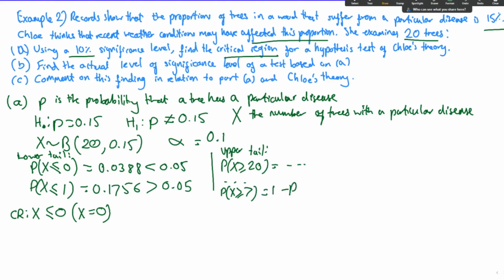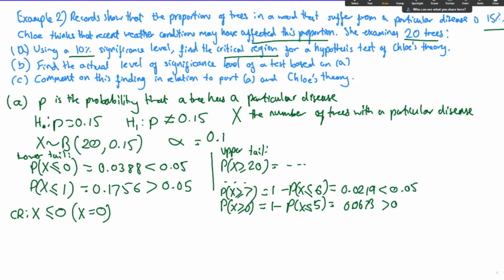Remember, to put it into our calculator, we need to modify it a little bit. But that will give us 0.0219, which is less than 0.05. And then when we move on to 6, we actually get a value that is greater than 0.05.